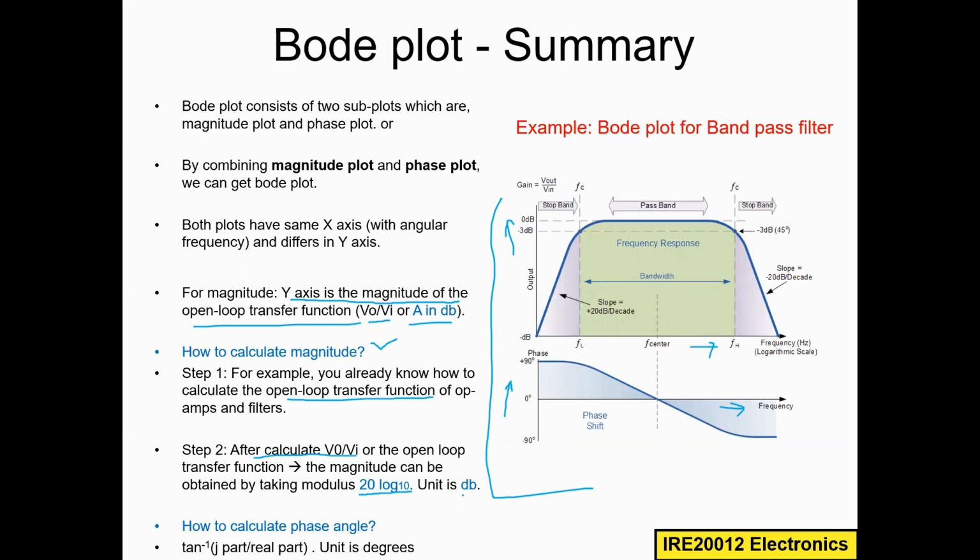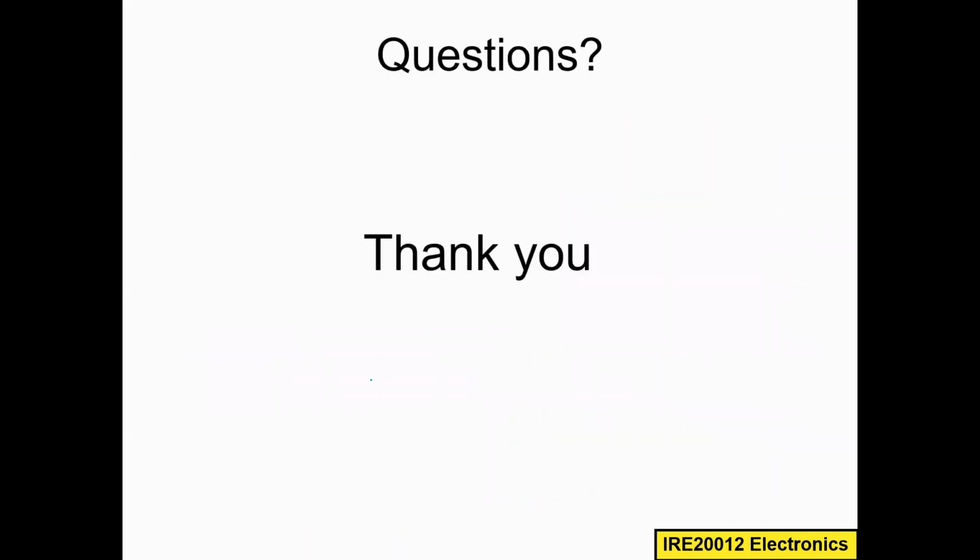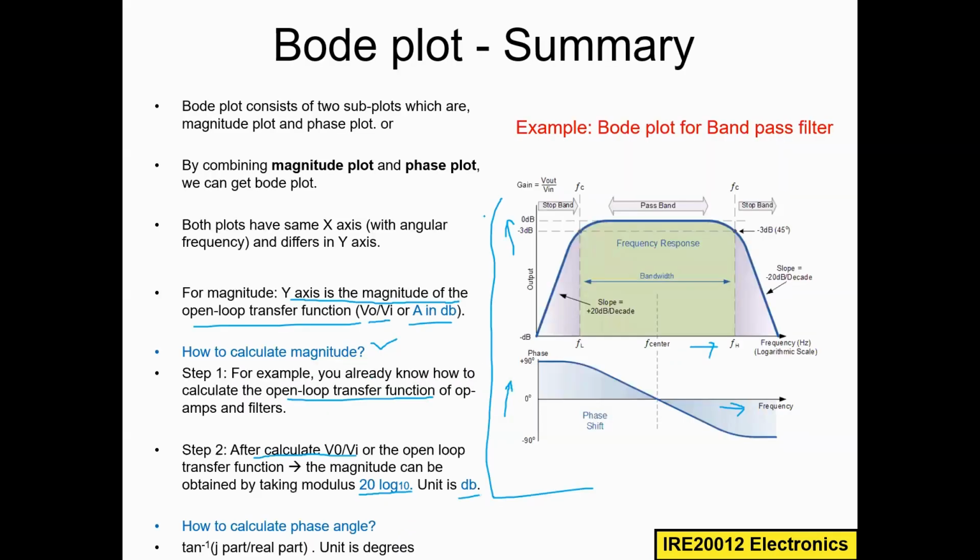The unit is decibel. How to calculate the phase angle? Phase angle is equal to tan inverse of the j part divided by the real part, meaning imaginary part divided by real part. The unit is degrees. So I think we are done with the frequency considerations.